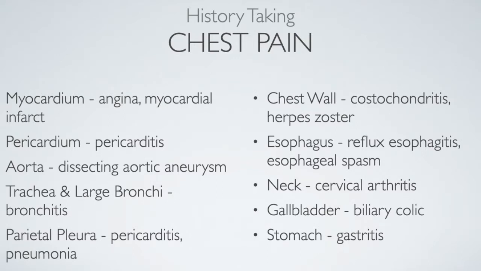So those are some of the features of the history that you need to elicit to get an idea that the chest pain is not a cardiac emergency, but is something that you can manage with acid control. And so if you are entertaining chest pain, consider ruling out emergencies that will kill your patient sooner.